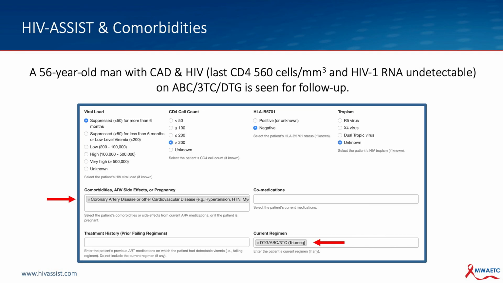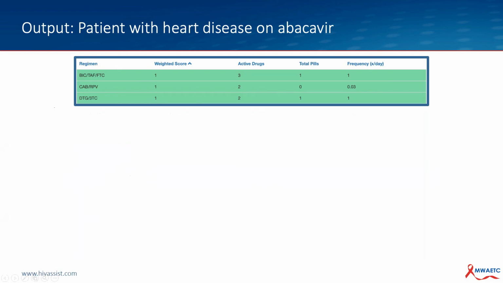What if the person has comorbidities? Let's say this is a 56-year-old man with coronary artery disease and HIV, whose last CD4 count was 560 and viral load was undetectable, who's on abacavir, 3TC and dolutegravir, or Triumeq. We put that in here, state that he has coronary artery disease and that he's on Triumeq. And because of the association between abacavir and heart disease, that has gotten deprioritized on this.